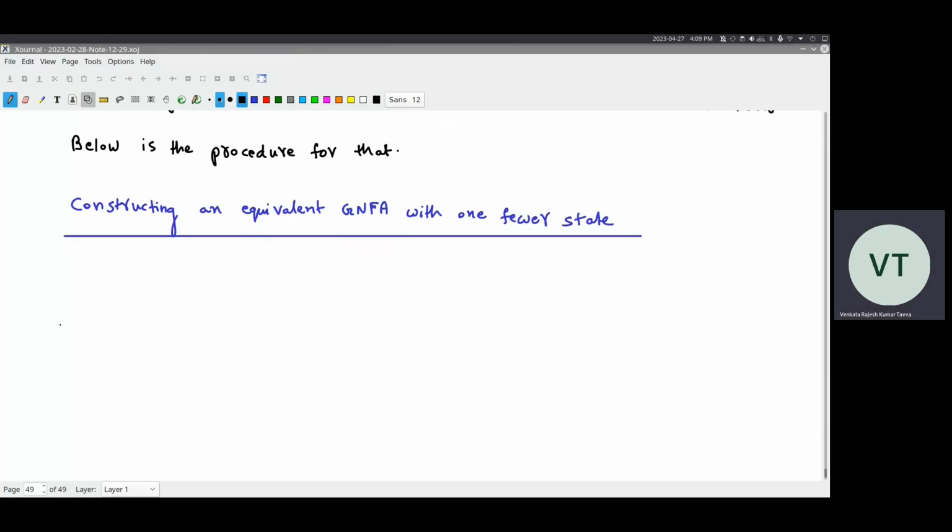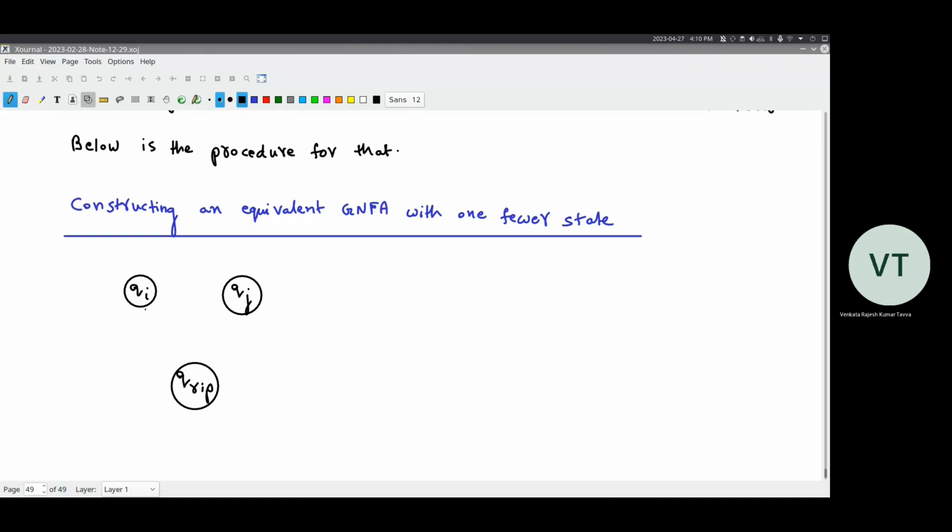So suppose we have three states, say Qi, Qj, and a third state called Qrip, because this is the state that we will rip apart later.